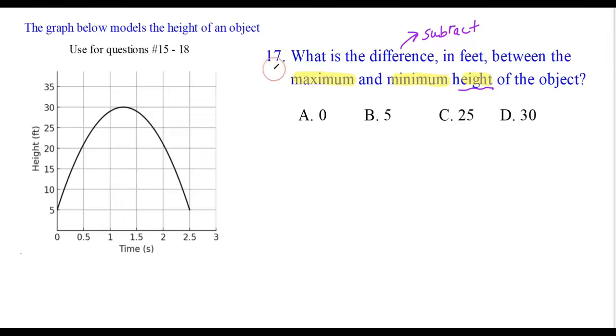So now we're looking at this part of the graph over here because these numbers represent the height. It says that right here. So I simply need to find the maximum and the minimum height, and subtract them.